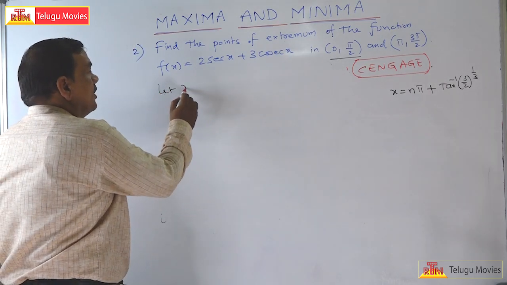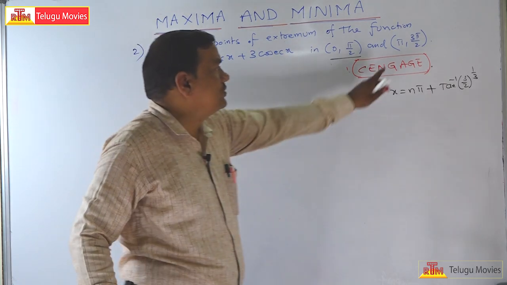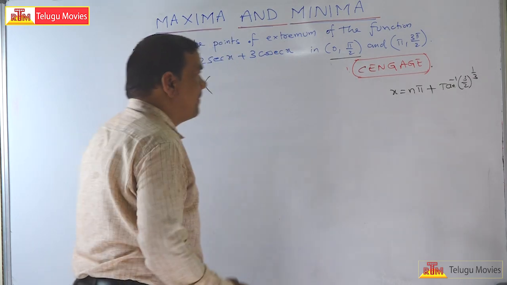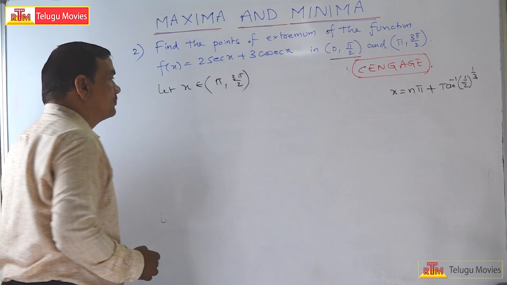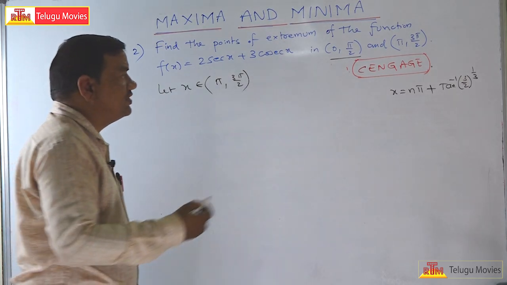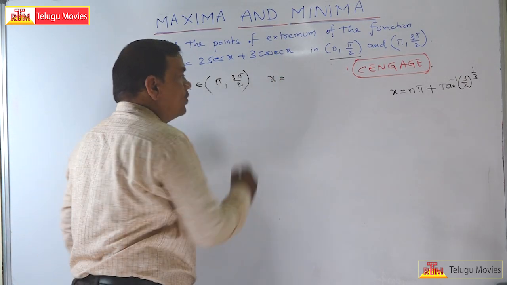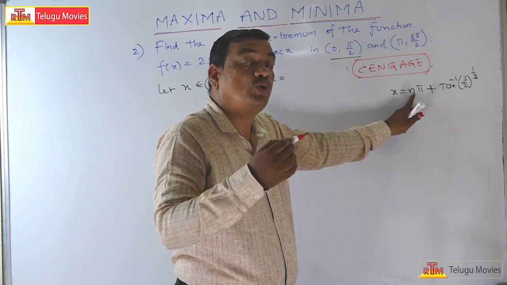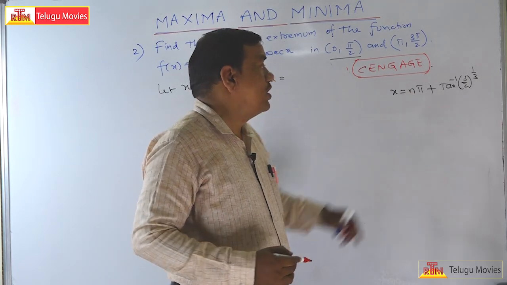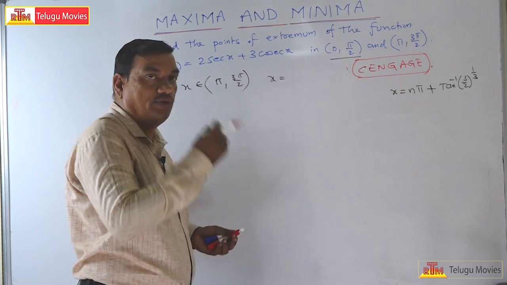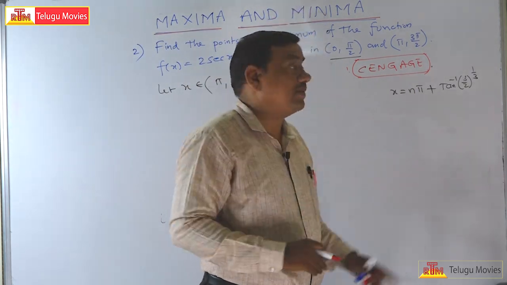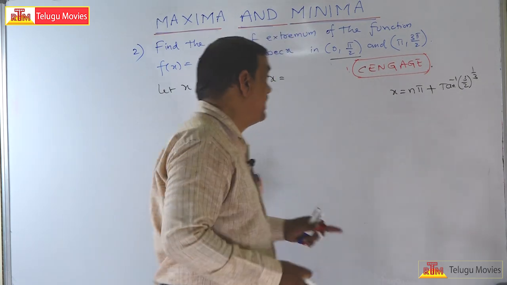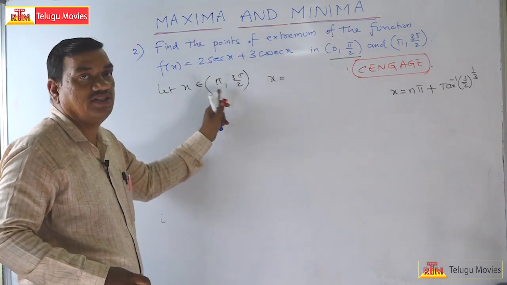Let us say x belongs to the second interval pi comma 3 pi by 2. What you have to take here is n is equal to 1. n is equal to 2 cannot be taken, because 2 pi means 360 plus will come. If you take 1, pi plus lies between this interval.